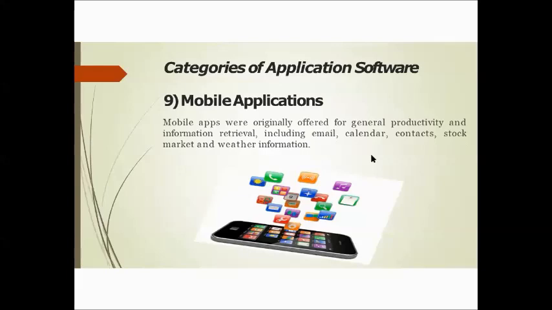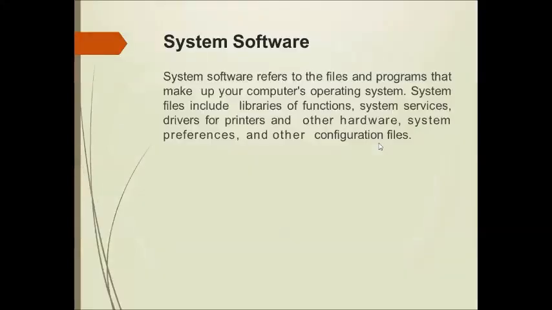Okay, the next type of software is the system software. The system software refers to the files and programs that make up your computer's operating system. Yung computer mo, hindi siya mag-work pag wala siyang operating system.